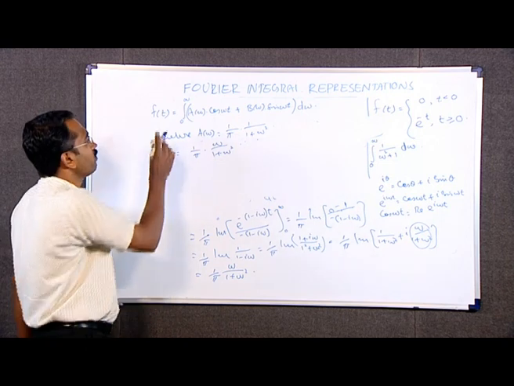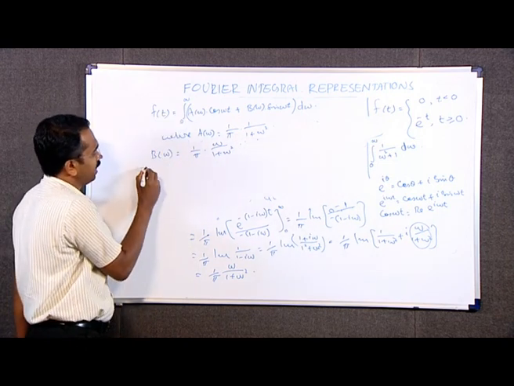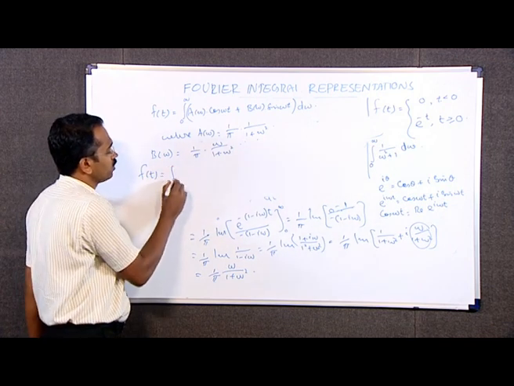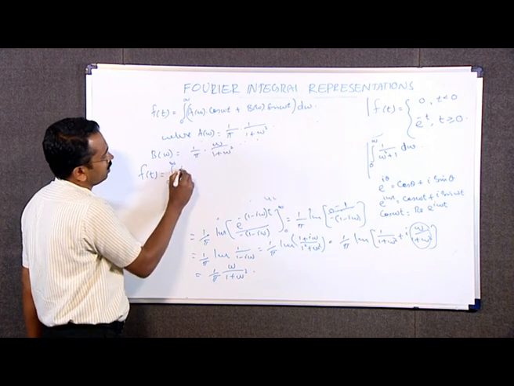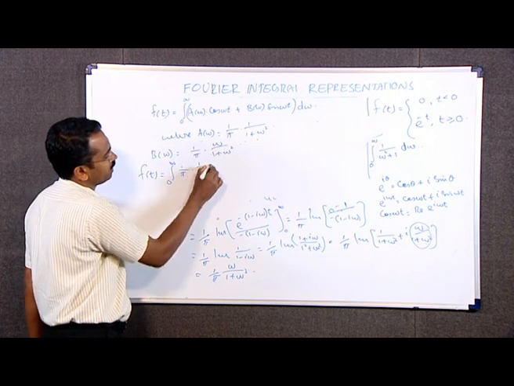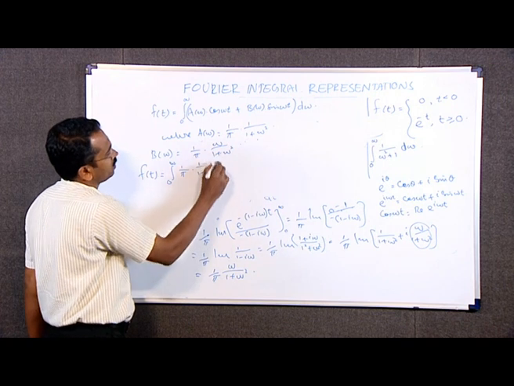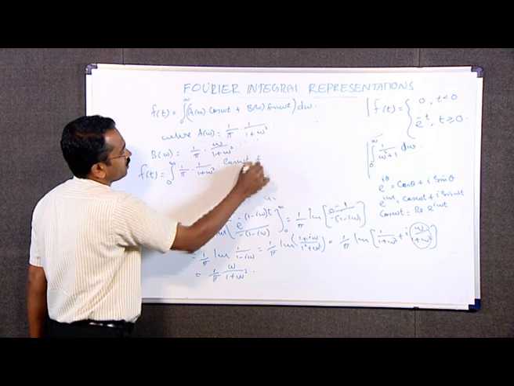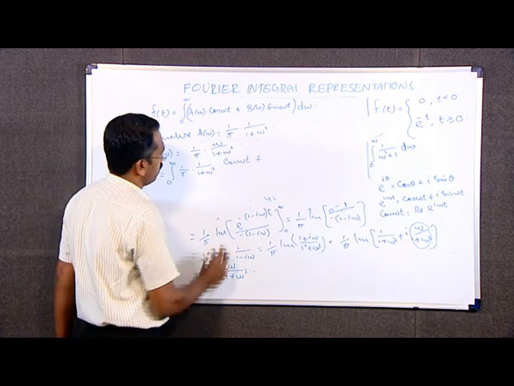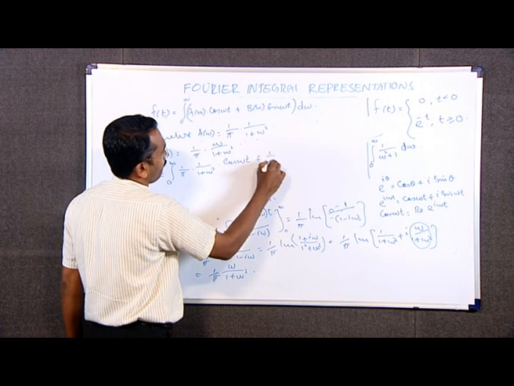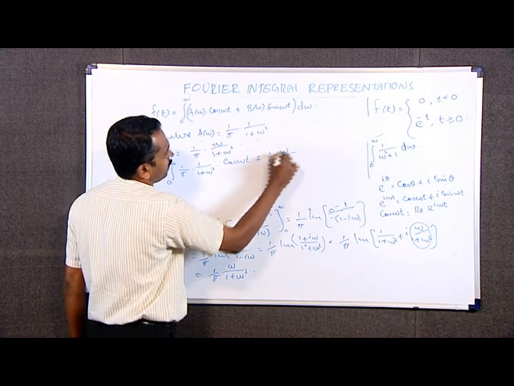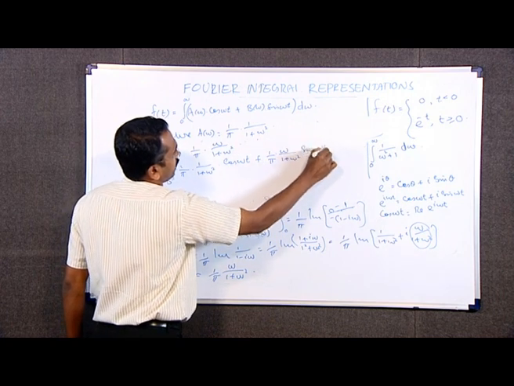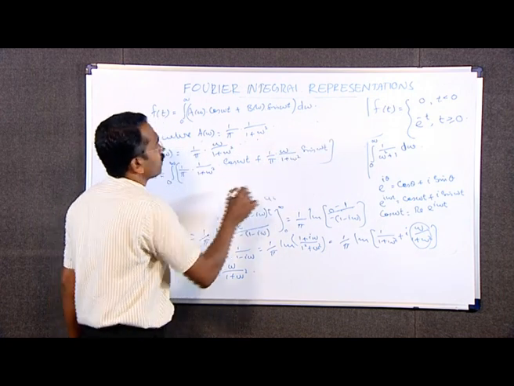And therefore, we can write f of t as integral from 0 to infinity, a omega is 1 by pi into 1 by 1 plus omega square into cos omega t plus b omega is 1 by pi into omega divided by 1 plus omega square into sin omega t d omega.